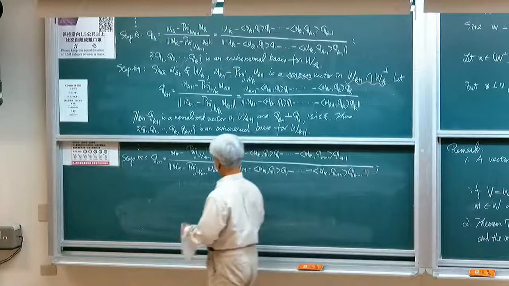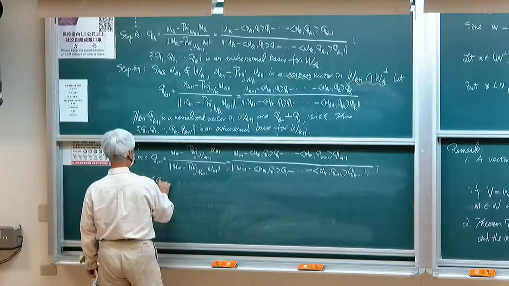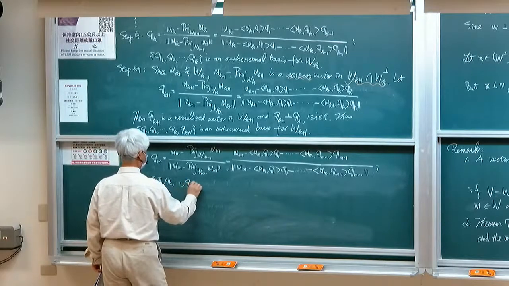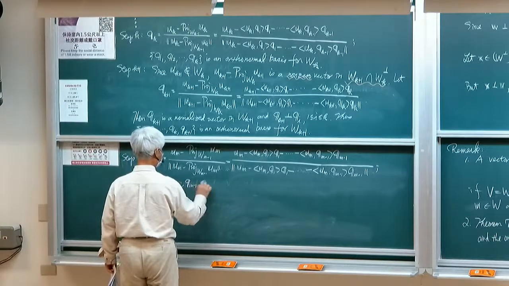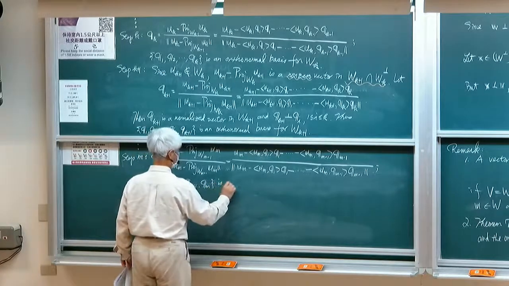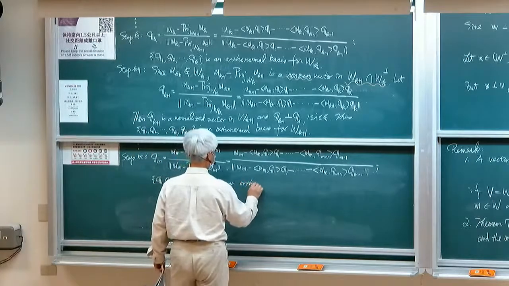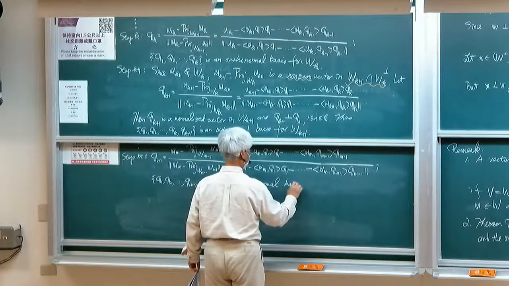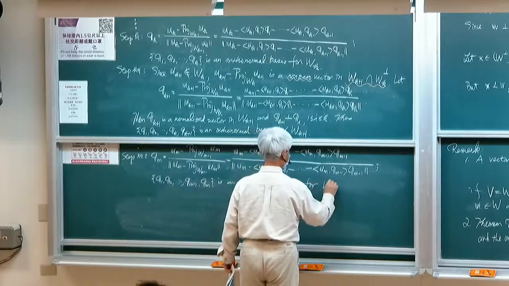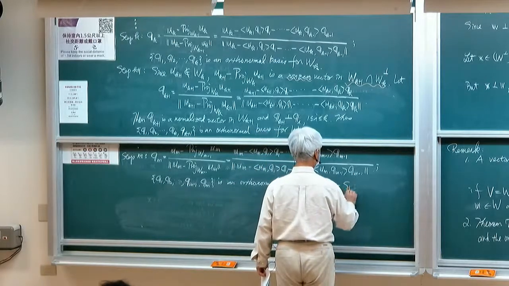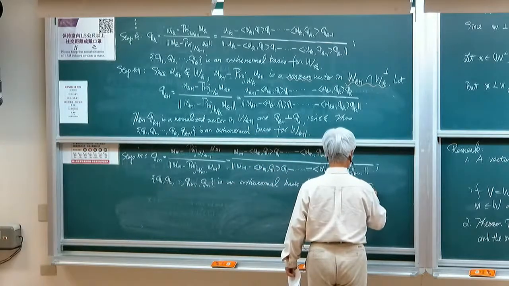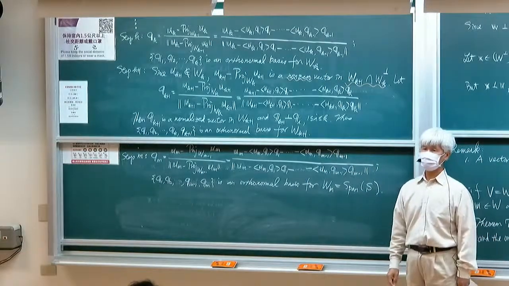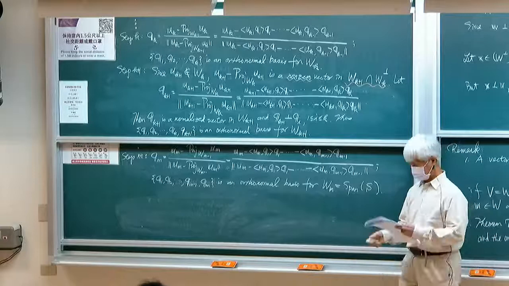And finally, Q1, Q2, up to Q_{m-1}, Qm is an orthonormal basis for Wm, which is the span of S. And we have done. So this is the end of the procedure.